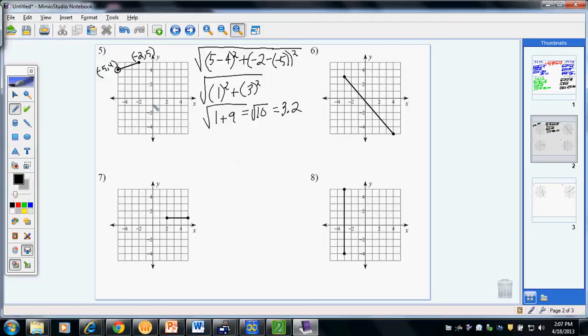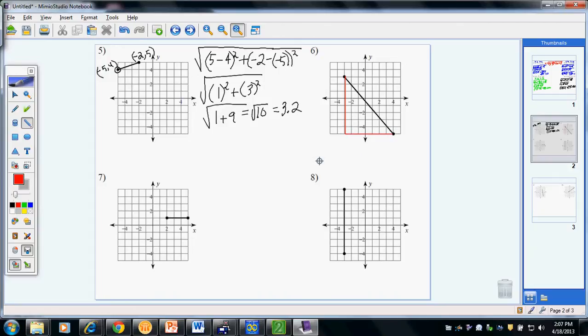The other way we can look at this, if we looked at number 6 here for a second, is using the Pythagorean theorem. Okay, so let's say that we're looking for the distance between these 2 points right here. Let's say we go ahead and draw our triangle.